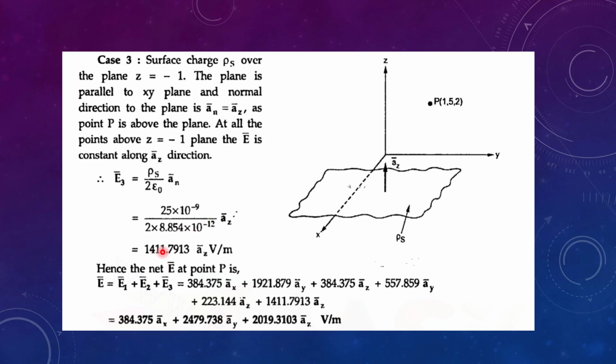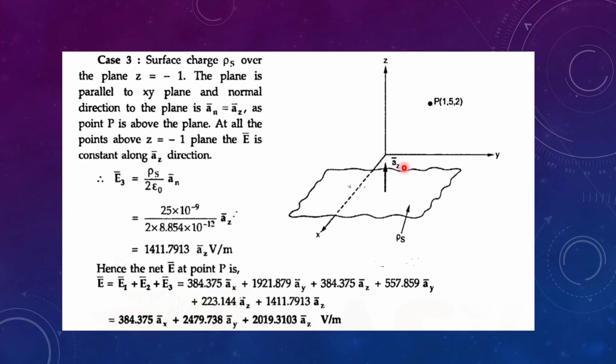So rho s they have given as 25 nanocoulomb per meter square, so 25 into 10 raised to minus 9, divided by 2 into epsilon naught, 8.85 into 10 raised to minus 12, and an cap is what? Plus az cap. That plus sign or minus sign is very important.